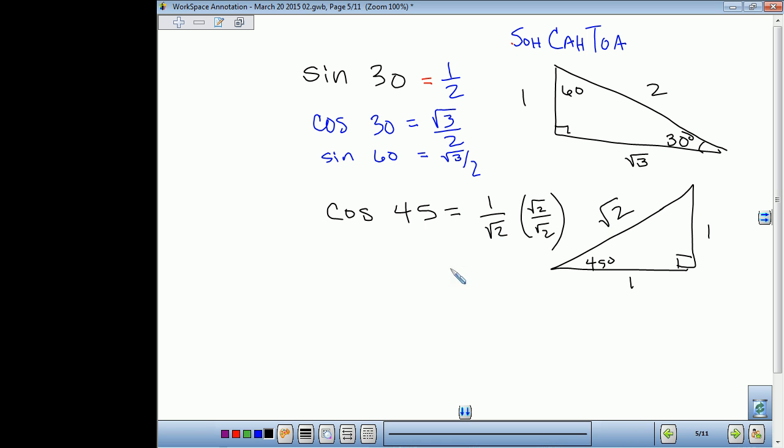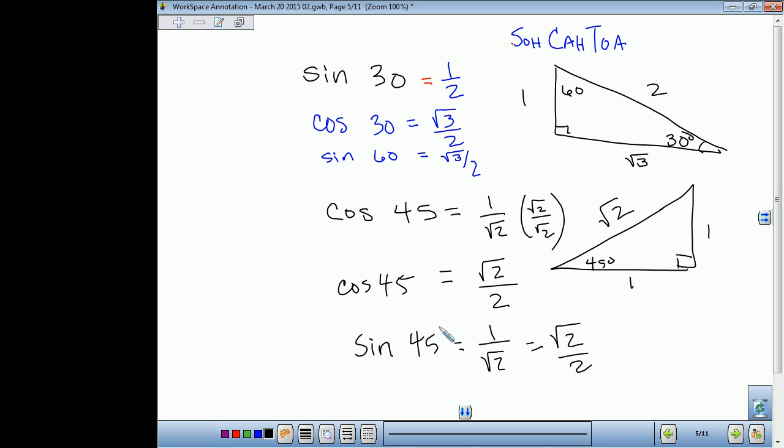Still have to follow our rules for radicals. So we'd say that cosine of 45 is square root 2 over 2. And sine of 45 is the exact same ratio. If we did opposite over adjacent, we still get 1 over the square root of 2. So this is also square root of 2 over 2. Do you see how these are complements? And they're equivalent.